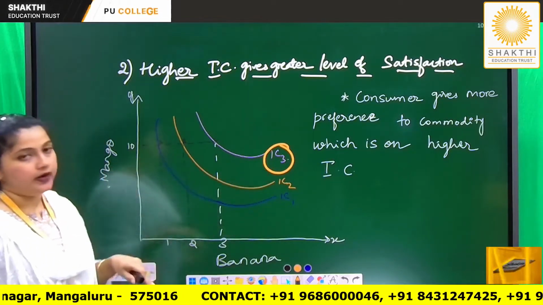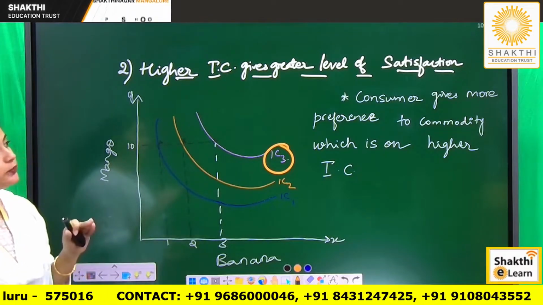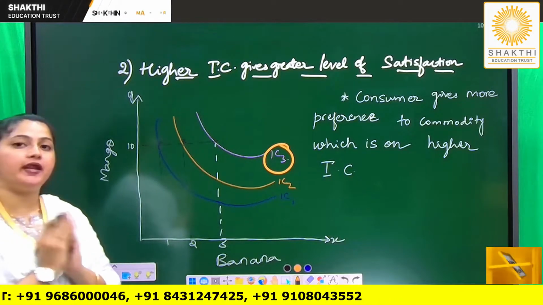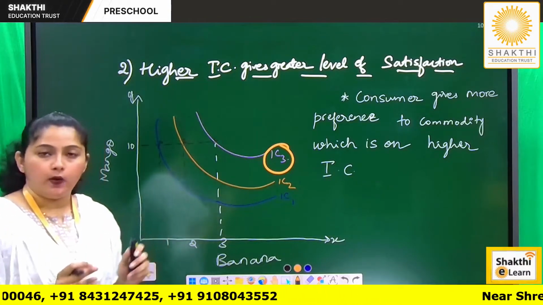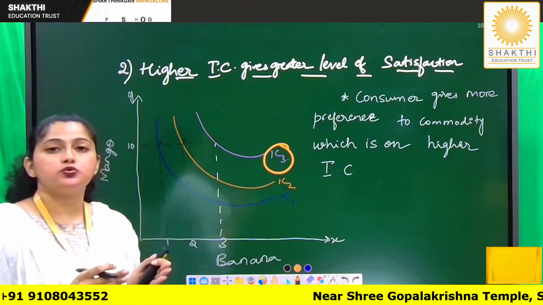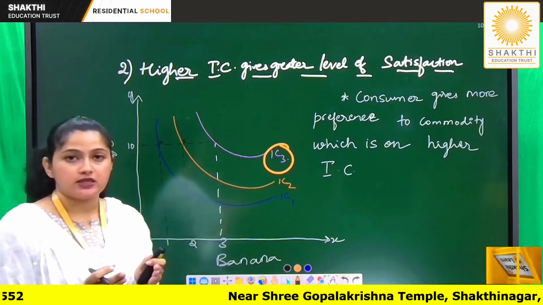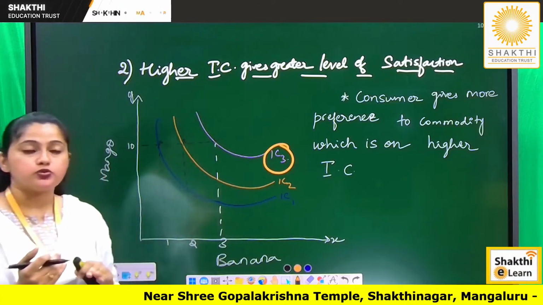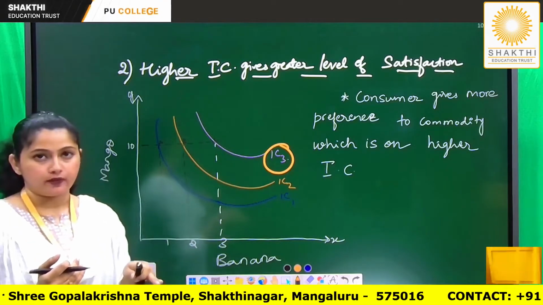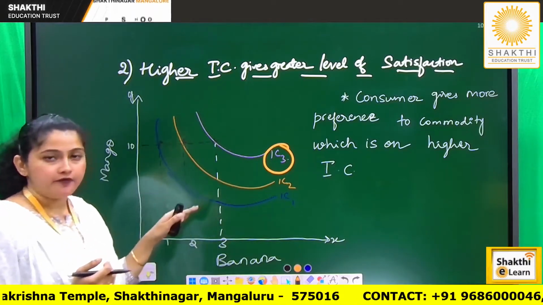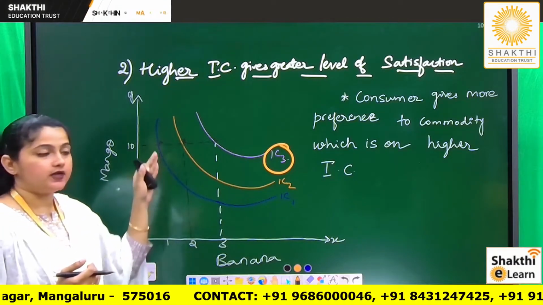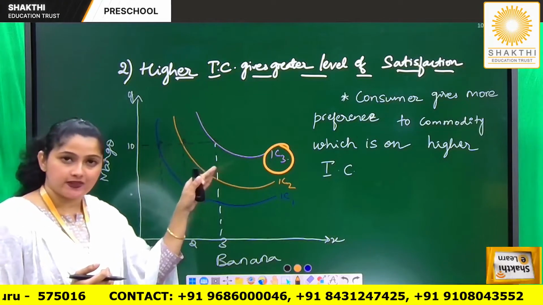So, according to the second point, a consumer is going to give more preference to the commodity which gives him greater level of satisfaction. Let us say we as individuals have different wants and different needs. So the option which gives an individual greater level of satisfaction is the one he is going to opt for. In terms of the graph, among these three curves, the consumer is going to give importance to the IC3 curve.